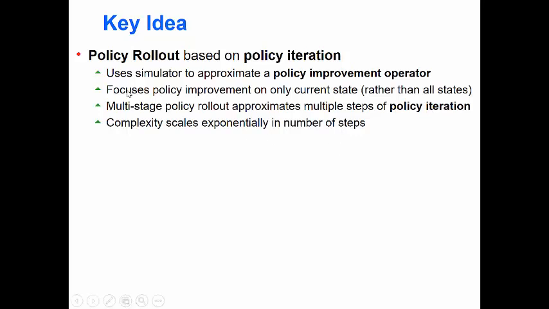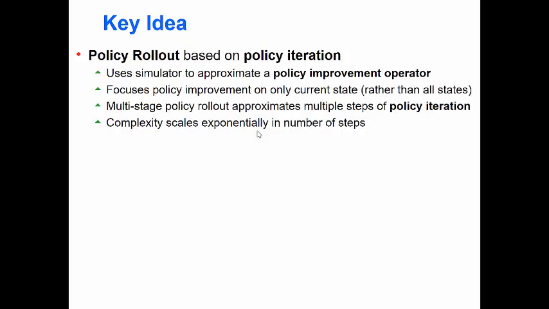We could do this for multiple stages and simulate multiple iterations of policy iteration, but the complexity scales exponentially with the number of stages. So you have to think exponentially longer the more iterations you want to simulate.